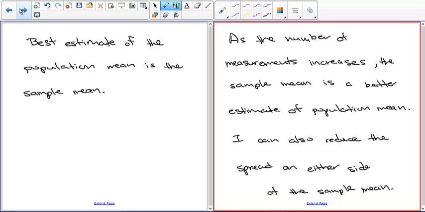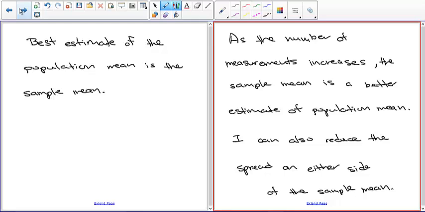And it turns out as the number of measurements increases, meaning the number of samples increases, the sample mean is a better estimate of the population mean. So not only is the sample mean the best estimate of the population mean, but the more samples you take, the better that sample mean is of the population mean. Again, it makes sense. The more samples you test, the better the average that you're getting.